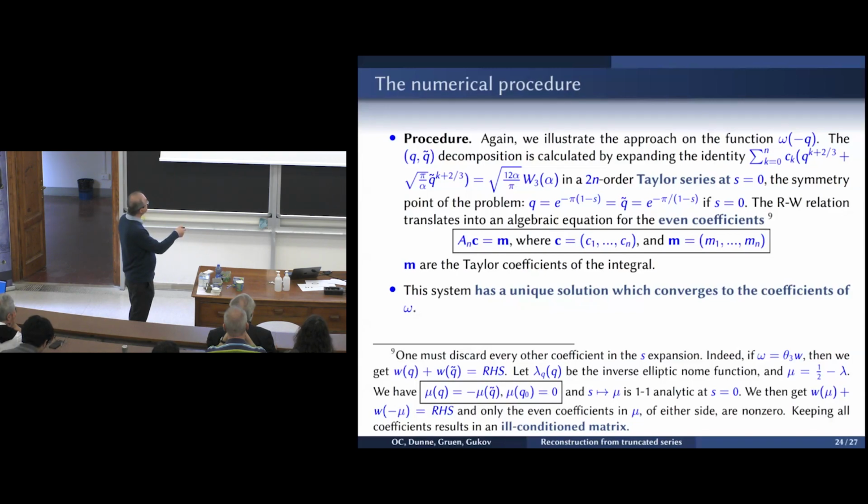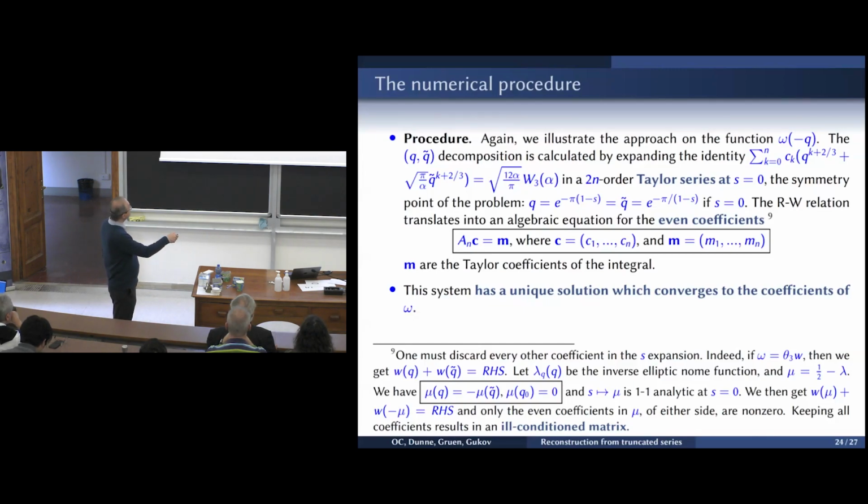So I take a series for omega of minus q plus root of pi over alpha omega of minus q tilde with unknown coefficients. I go to the softest possible place of analysis, where q equals q tilde, which is e to the minus pi.